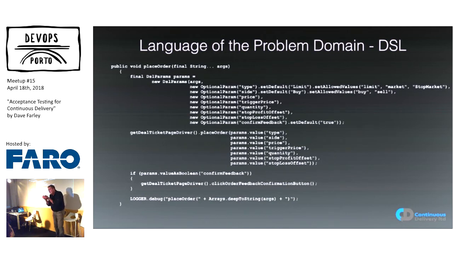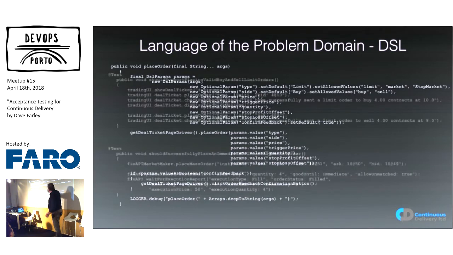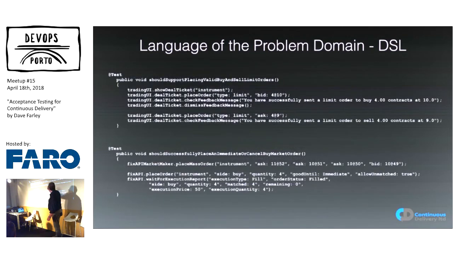If I want to be dead precise and really specific about the details of the order, I can fill those details in too, and it will translate all of these things and just work. Sorry, I haven't got the equivalent for the FIX one, which was even longer with more optional parameters and so on.